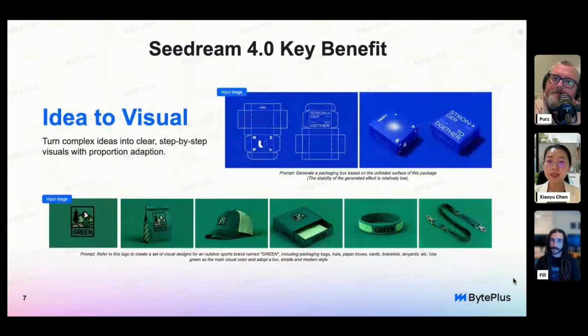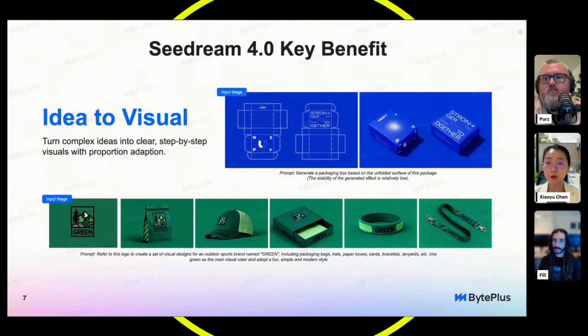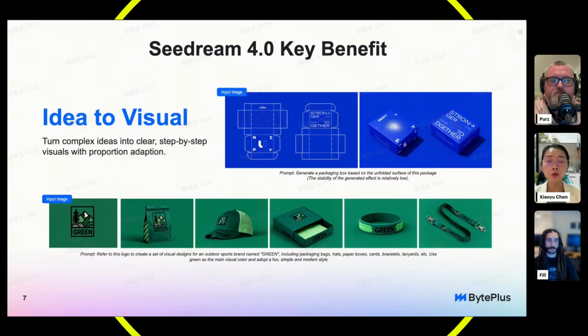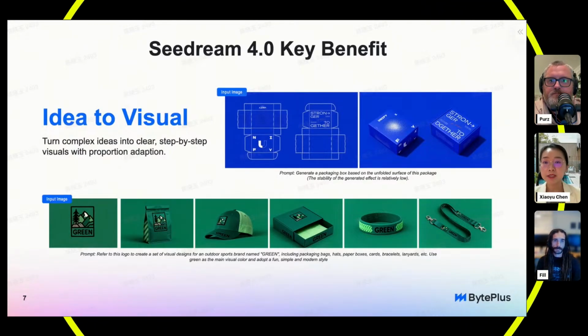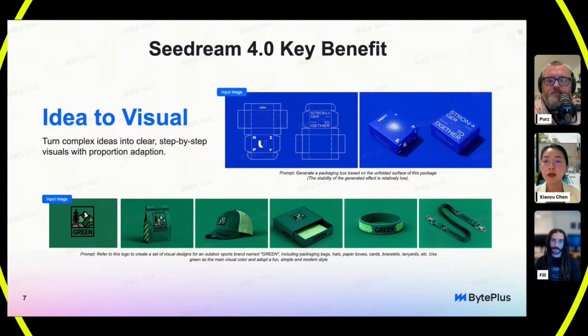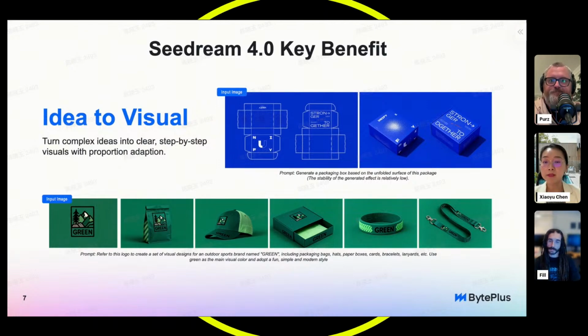Yeah. So I think it's also a great tool to convert your idea to visuals. For example, UI UX designs or packaging designs or industrial designs. You can upload a logo and say just generate a set of visual designs for this outdoor brand, sports brand, and green, right?